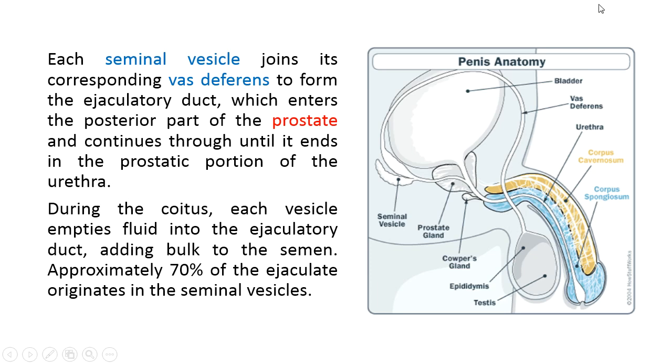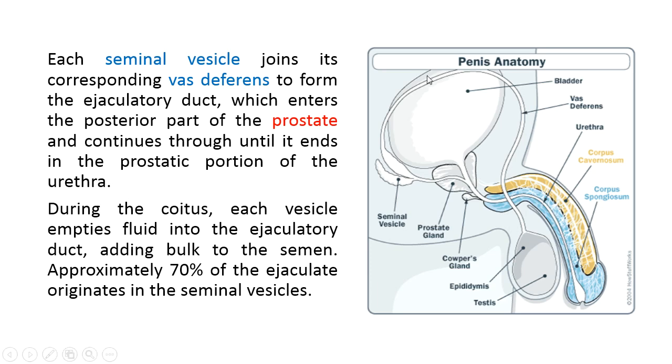Each seminal vesicle will join its corresponding vas deferens to form the ejaculatory duct, which enters the posterior part of the prostate.